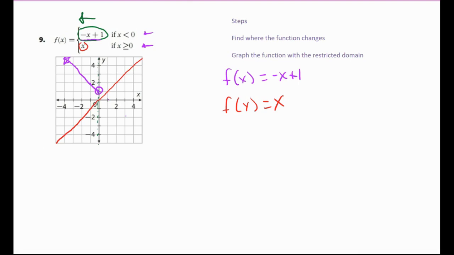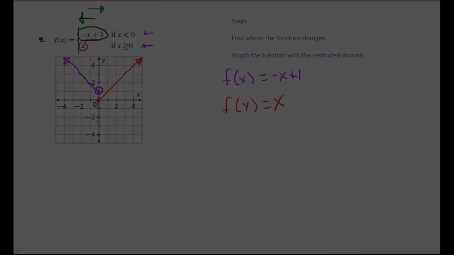So what that means is it's only going to be to the right of the y-axis for this red function. So I take this off, and I know that this is a filled in circle right here because it's greater than or equal to. This goes on forever, and there is the graph of my piecewise function.